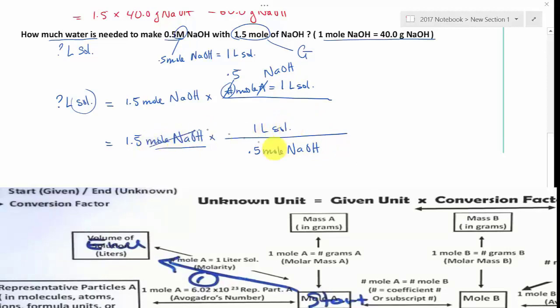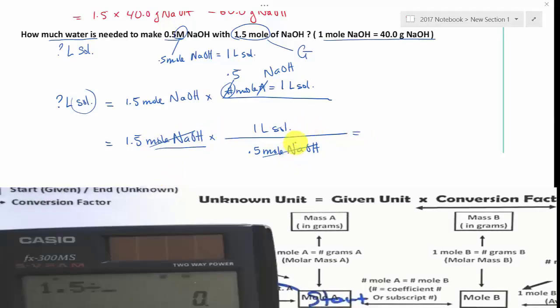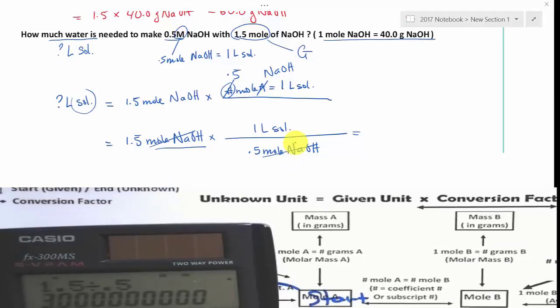Notice how the moles of NaOH cancel out. And all you have to do is multiply everything on top divided by the bottom, which is 1.5 divided by 0.5 equals 3.0 liters of solution. So to make 0.5 molarity of this NaOH using 1.5 moles, we need that much volume.